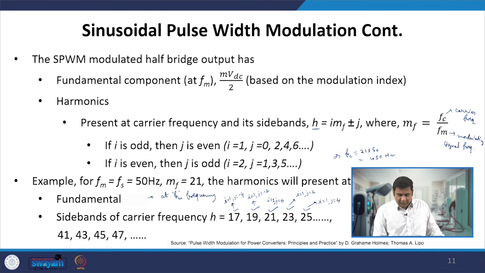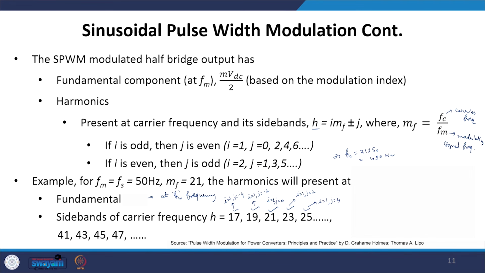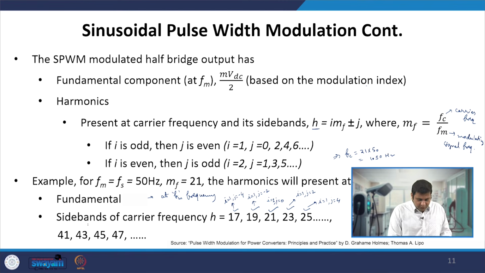Similarly, after this we keep I equal to 2. When we keep I equal to 2, 2 into 21 is 42, and J we keep plus minus 1, so it is 43 and 41. So here it is I equal to 2, J equal to 1, and I equal to 2, J equal to minus 1.